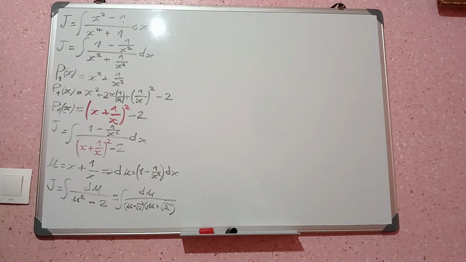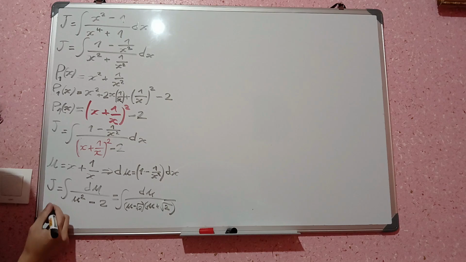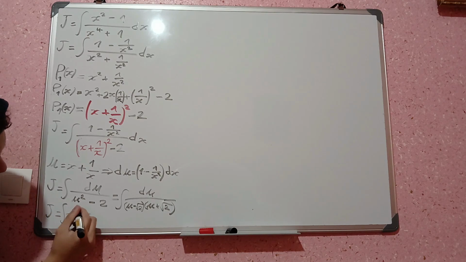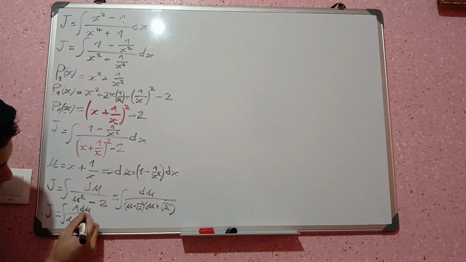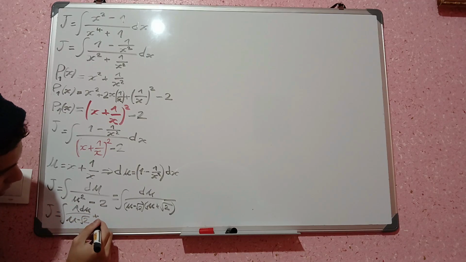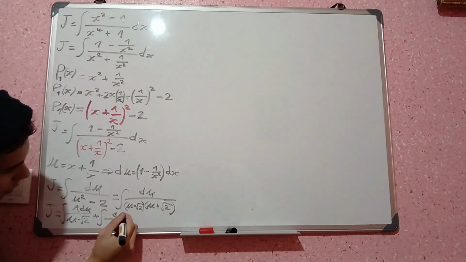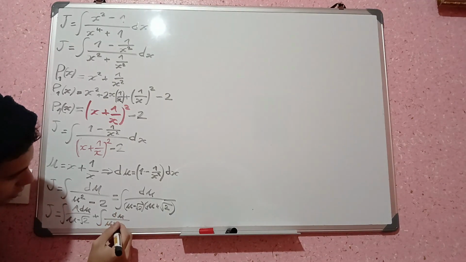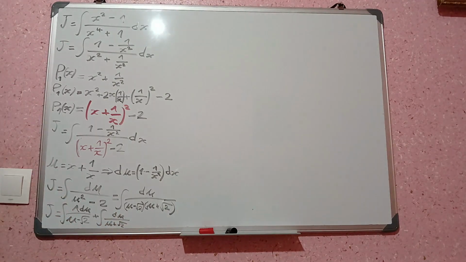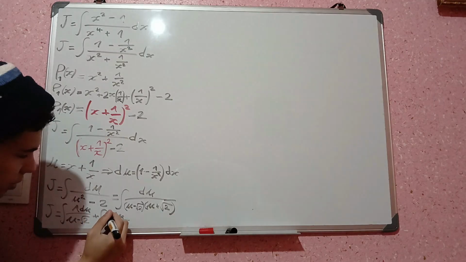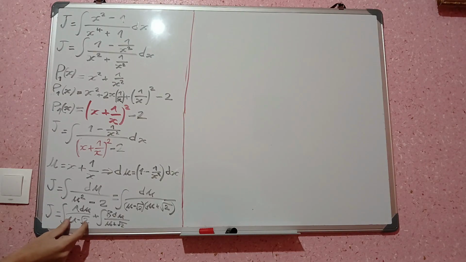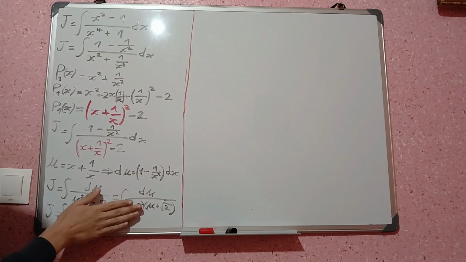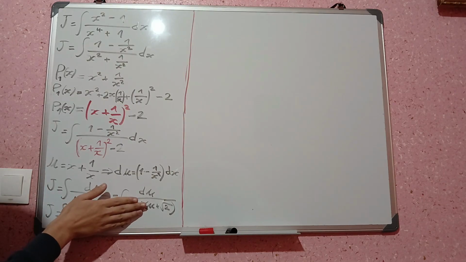So g will equal something, let's name it a, times the integral of du over u minus square root of 2, plus b times the integral of du over u plus square root of 2. We put u minus square root of 2 equal to 0, and hide it, so that u equals square root of 2.